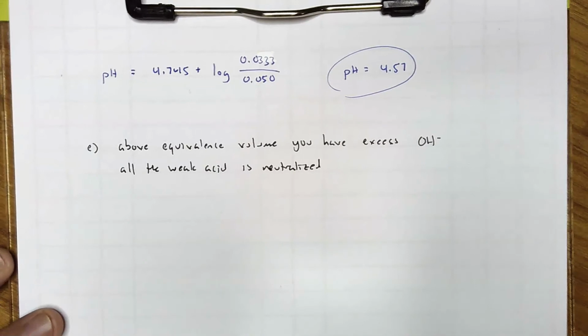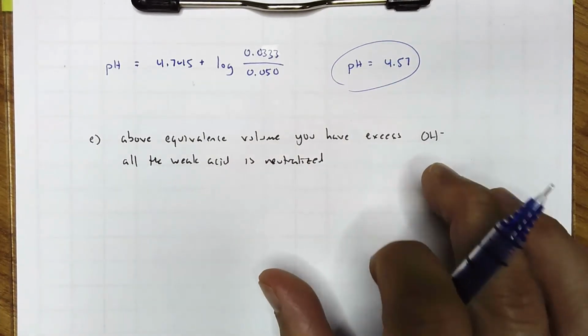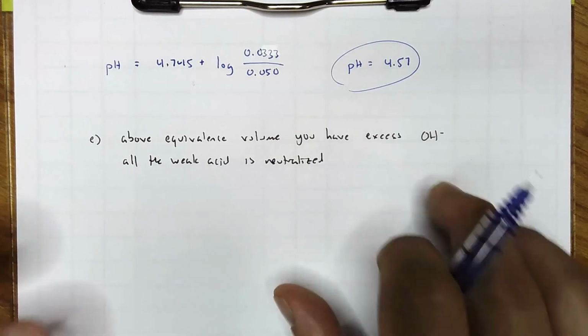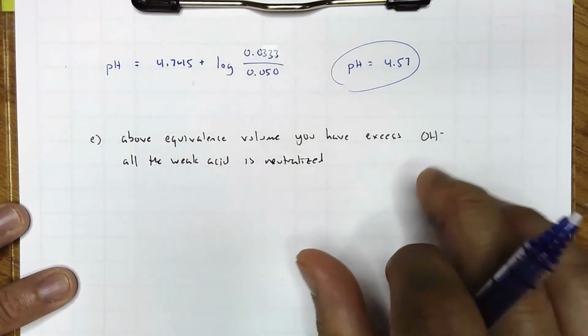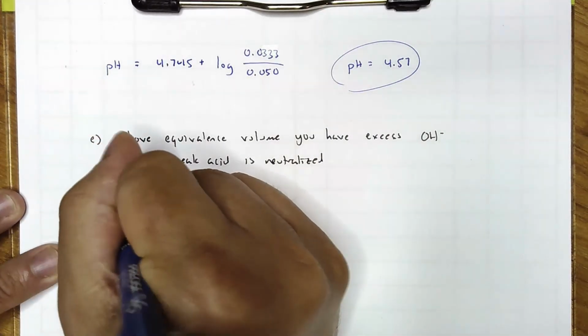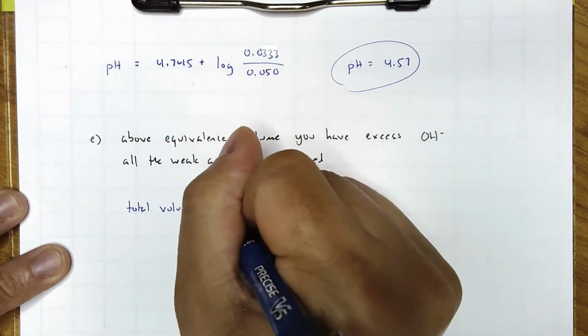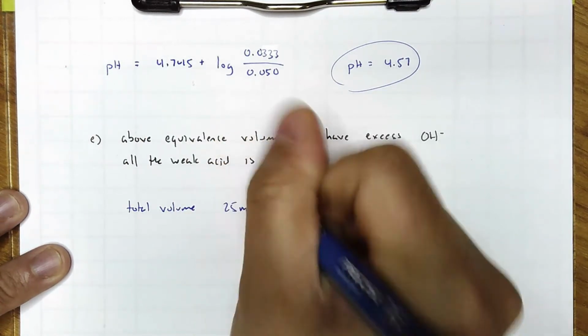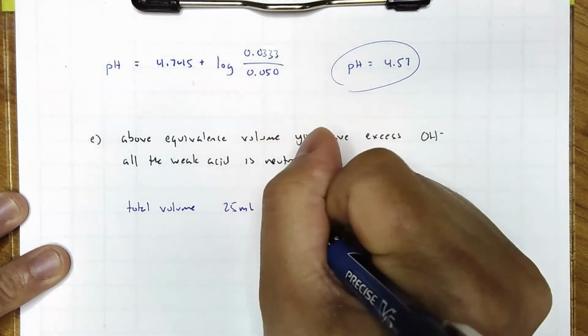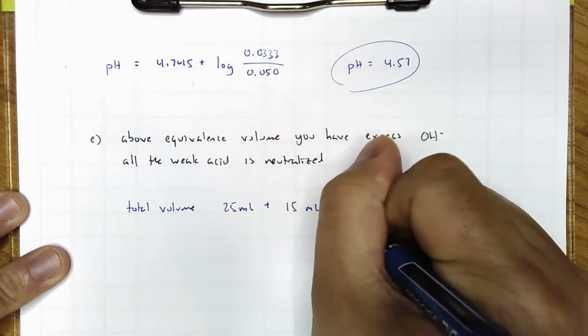But the key is, again, we have a new volume, right? The pOH is dependent on the concentration, so we need molarity. So let's take care of that first. The total volume is you started out with 25 milliliters in the Erlenmeyer flask, plus I said add 15 milliliters of KOH.